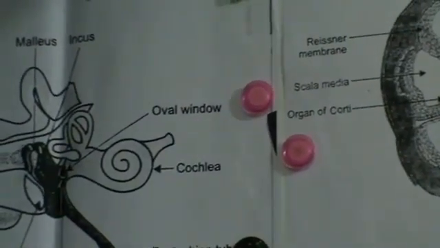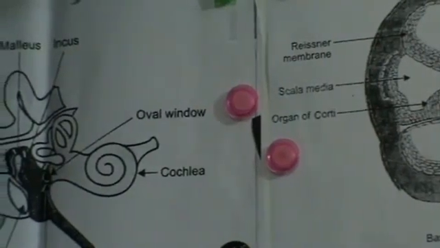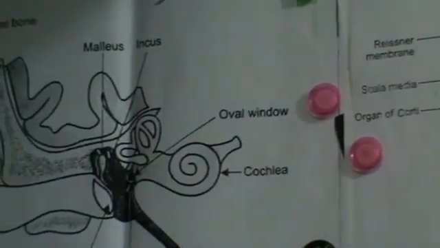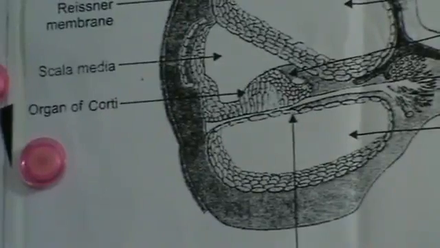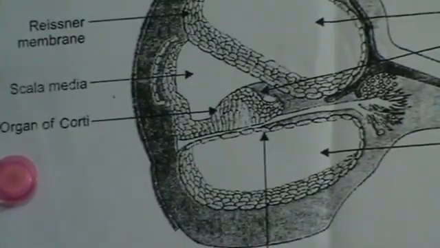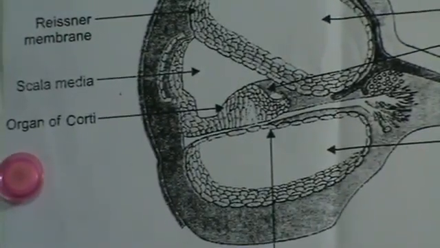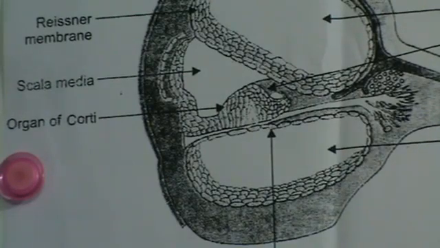Right, from there it would transmit the vibrations to the perilymph, which is coiled in the basilar membrane. Now the basilar membrane also has hair-like structures, which are called the organ of Corti.